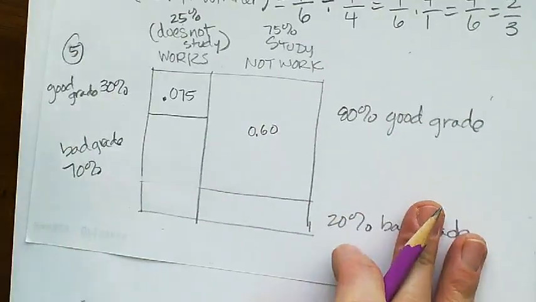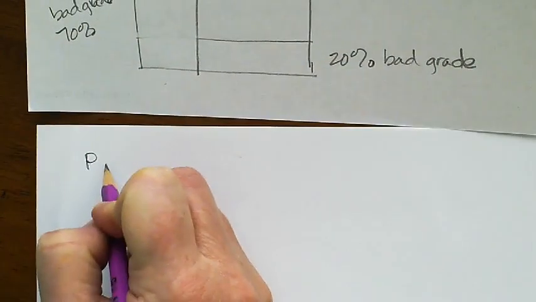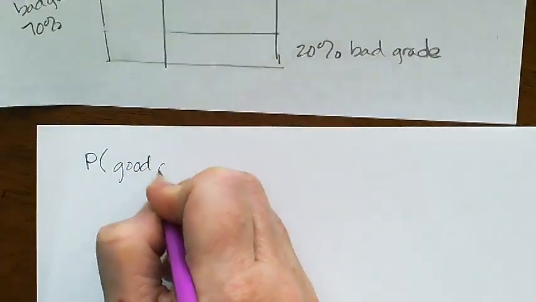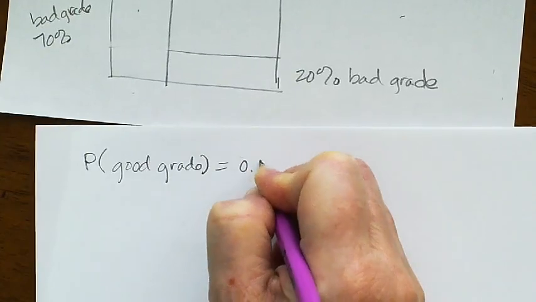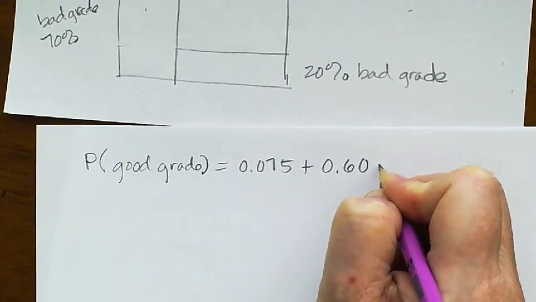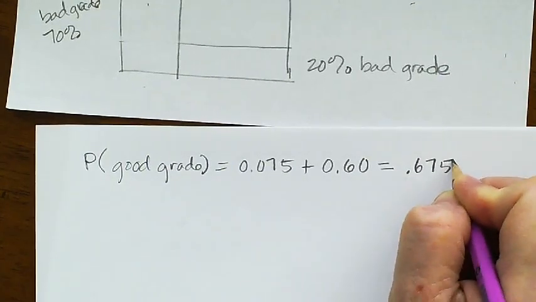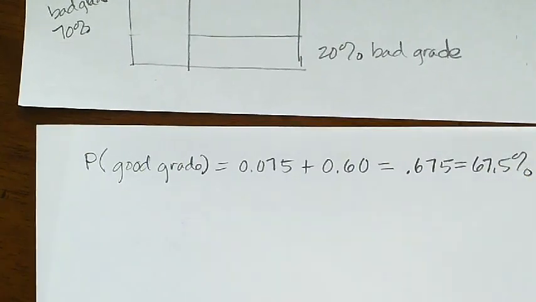So then the probability of her getting a good grade would be 0.075 plus 0.60, which is 0.675, which is 67.5%.